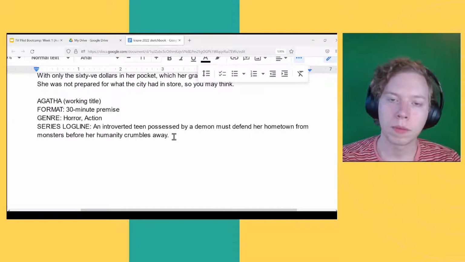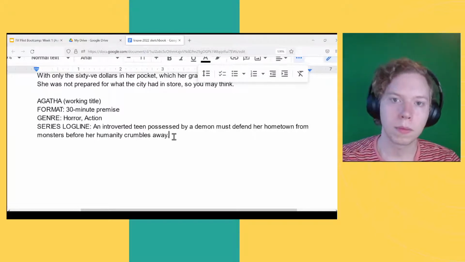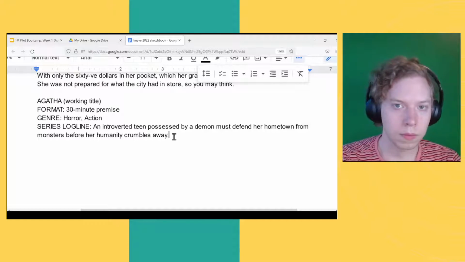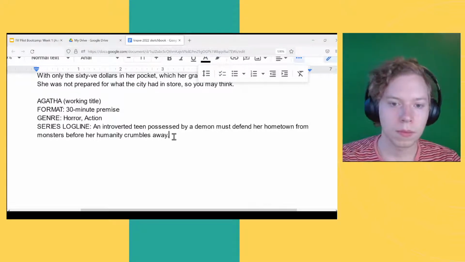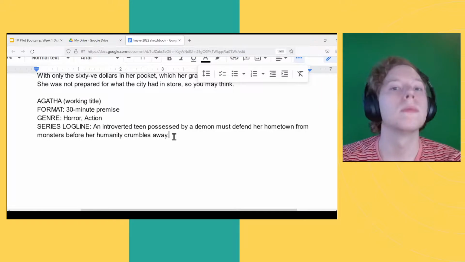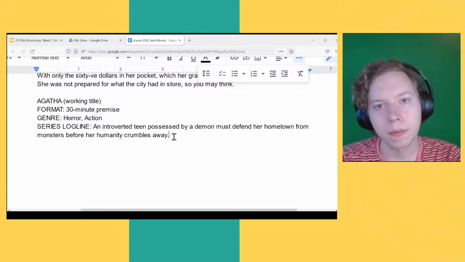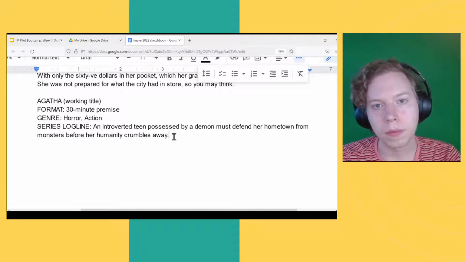But because Agatha, the main character, what I'm leaning towards is, because of some reason that I haven't gotten to yet, she is able to control the evil within her, and instead use that against the demonic entity out in the woods. But obviously she doesn't have total control over it because her humanity is crumbling away.